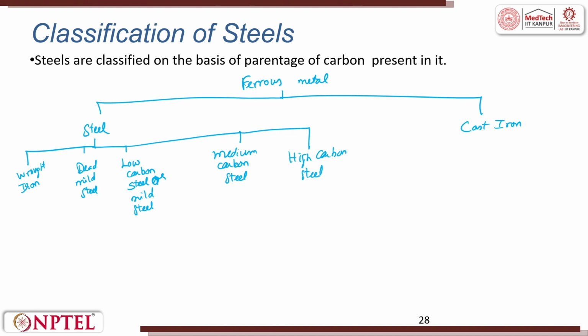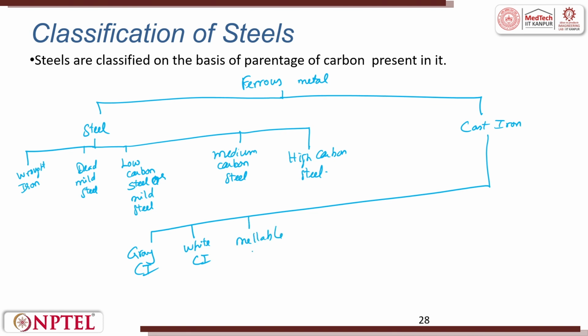When we look into cast iron, you will have grey cast iron, white cast iron, malleable cast iron, spongy cast iron, spheroidal cast iron, then you have chilled cast iron, and then we have inoculated cast iron.